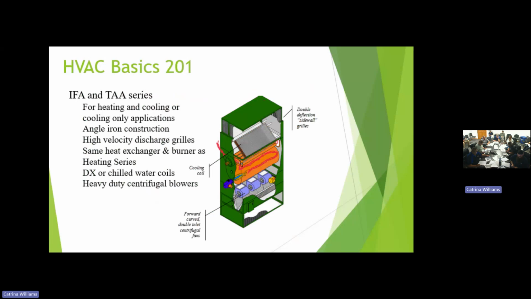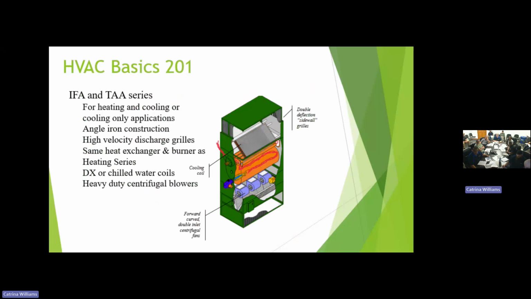So we've come up with the ISA or TAA for heating and cooling applications, or cooling only, with the same angle iron construction and same heat exchanger. With the angle iron, it's a 4-pass design, and all that doesn't change from the IS series in general.